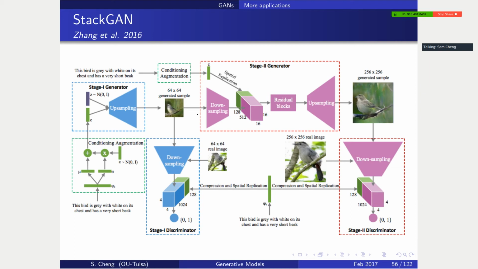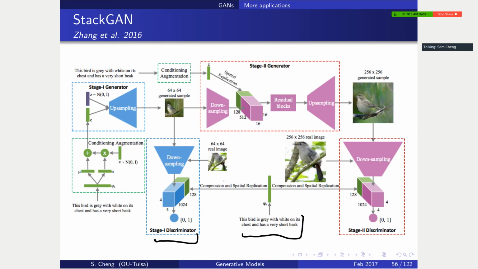they actually did a multi-level generator. They have a lower resolution level that generates this image here, and then they have the next view of the image. Then you have a discriminator for the lower resolution level that tries to discriminate whether the image is genuine. At the same time, we compare with the word embedding of the input sentence.